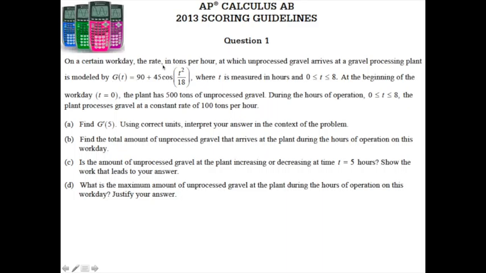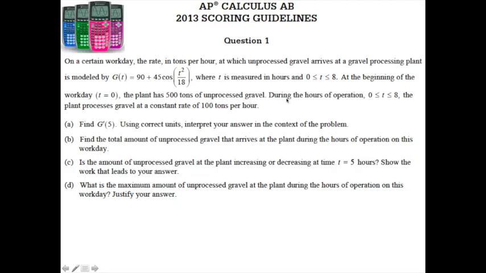You notice it says the rate in tons per hour, which this machine can process gravel. And this machine runs all day. At the beginning of the day, the plant has 500 tons of stuff already there, ready and waiting to be processed.